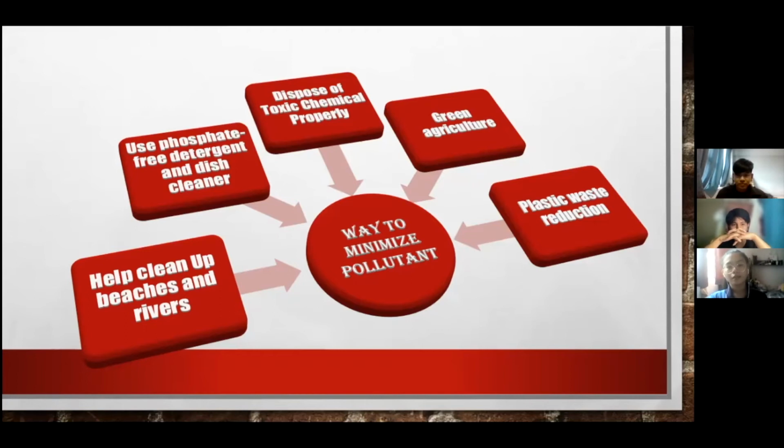And the third one is to dispose of toxic chemicals properly. In the household, we should decrease using bleach, paint, ammonia, and many chemicals that can lead to harm if not used properly.